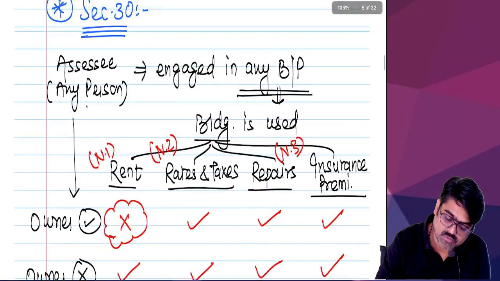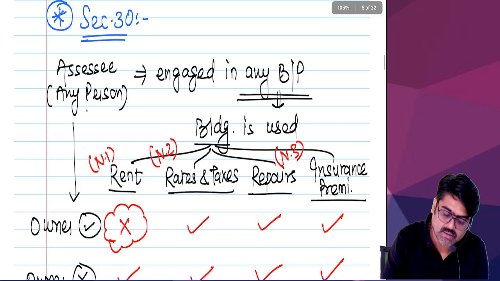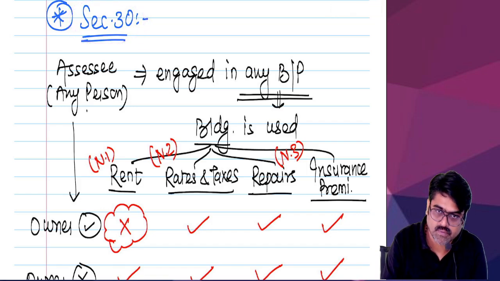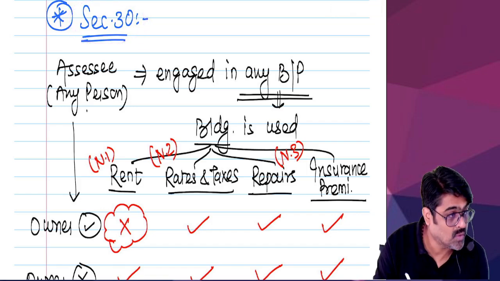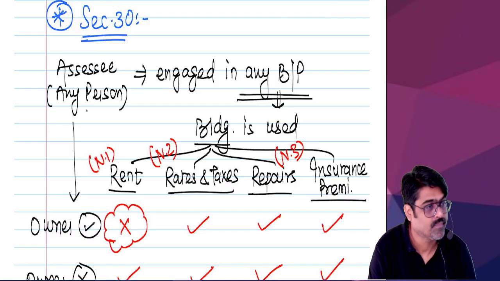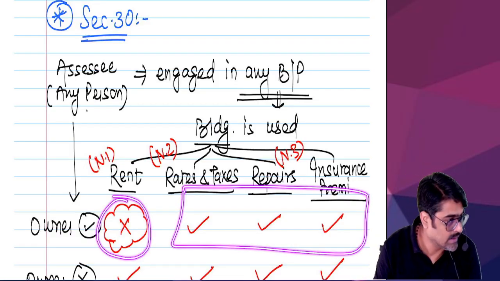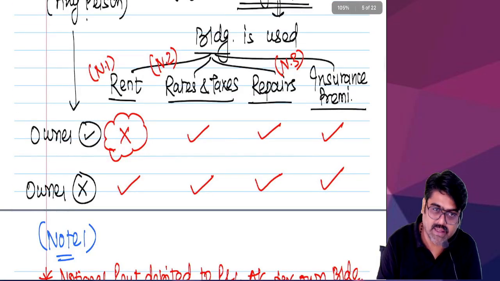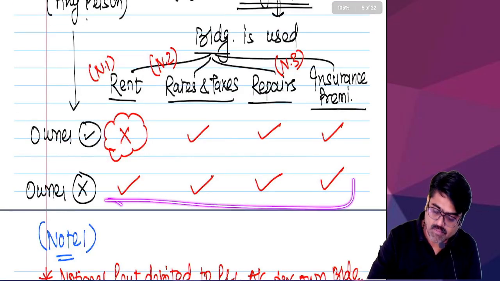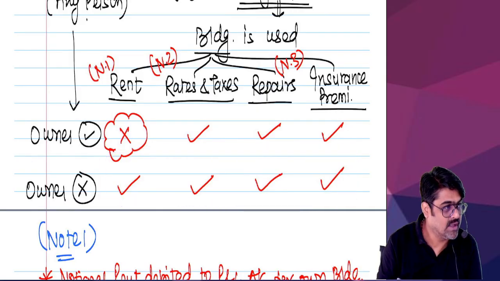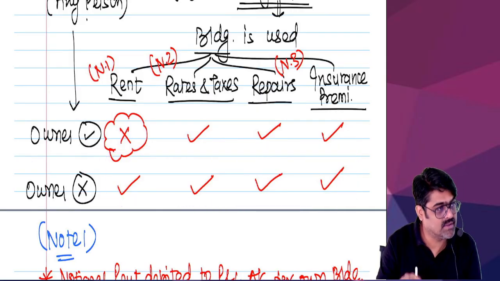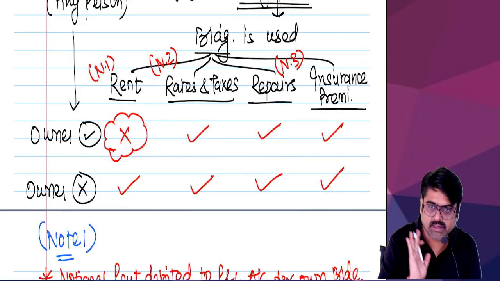All these expenses will be allowed as a deduction. That's what section 30 says. If you are the owner of the building, you can claim these 3 expenses and not the rent. But if you are not the owner of that building, then you can claim all the 4 expenses. Even the rent which you have paid for that building will be allowed as a deduction.